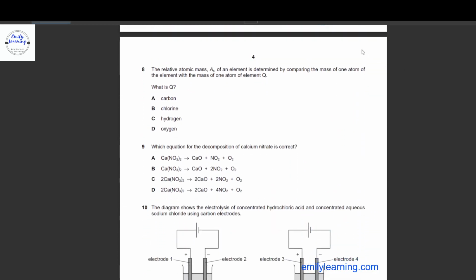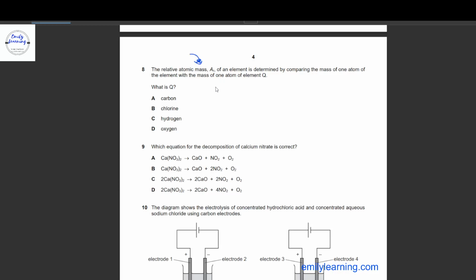Moving on to question 8. The relative atomic mass of an element is determined by comparing the mass of one atom of the element with the mass of one atom of element Q. So what is Q? This question requires us to know the definition of the relative atomic mass.